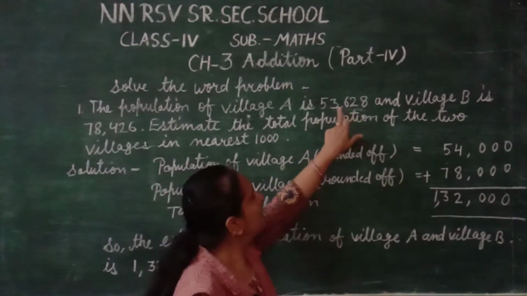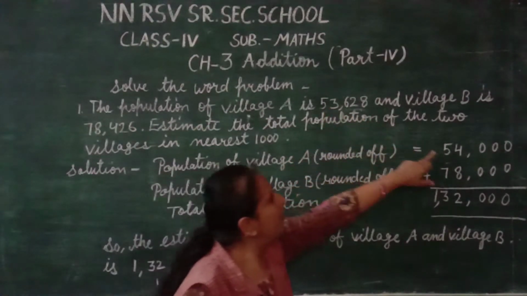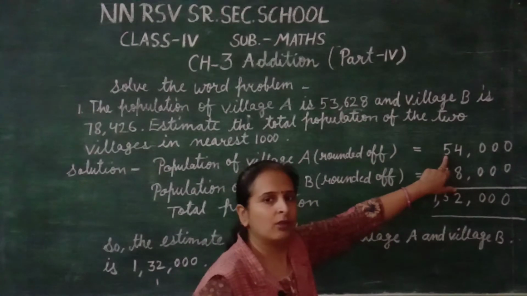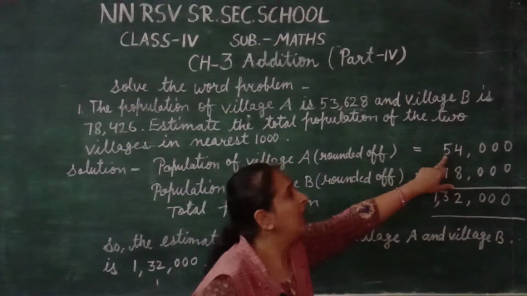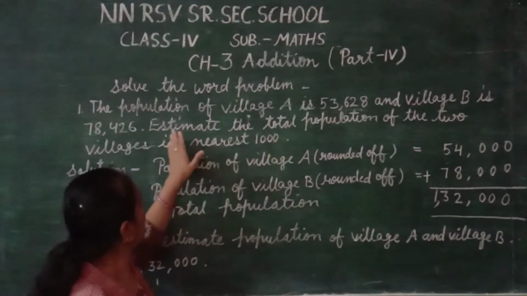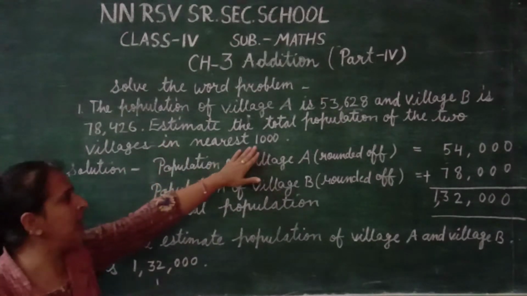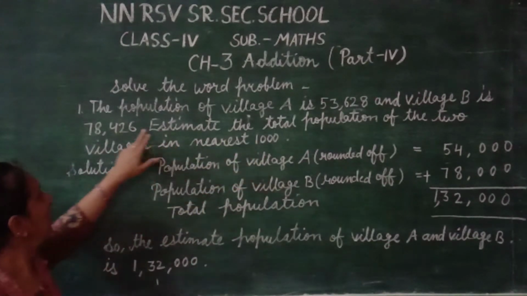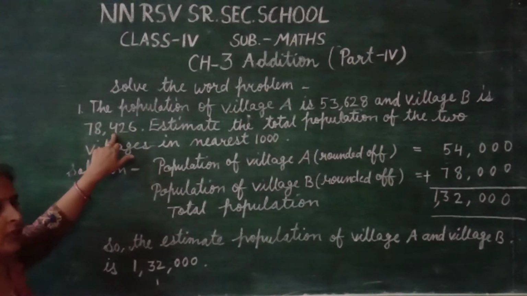So the estimated number is 54,000. And the population of the second village, B, is 78,426. First of all, we have to round the number to the nearest 1,000. So we check the ones, tens and hundreds.